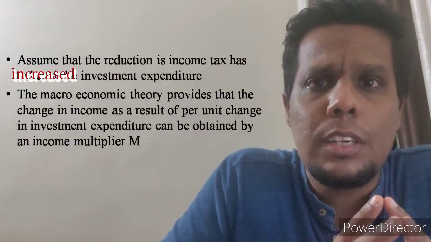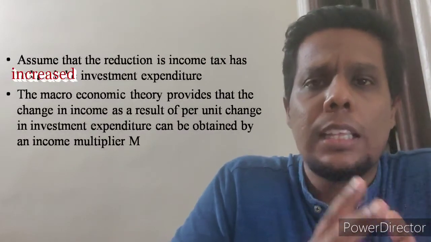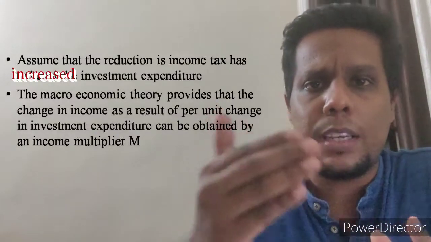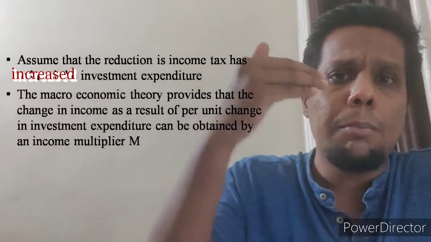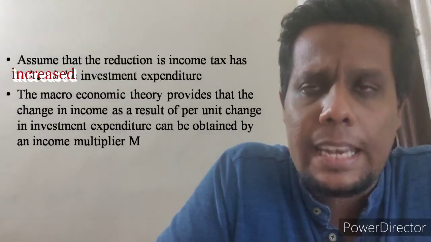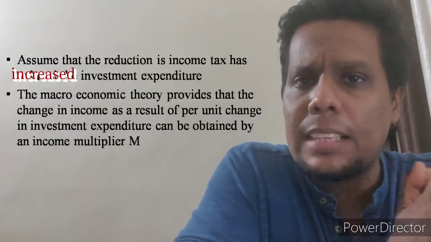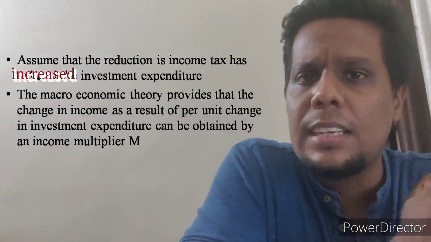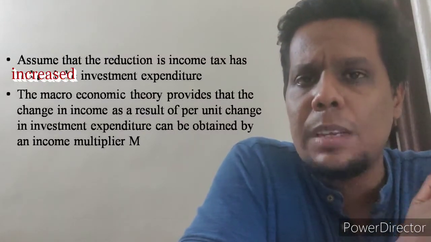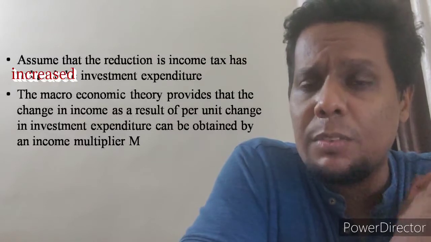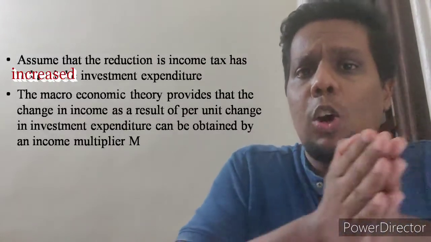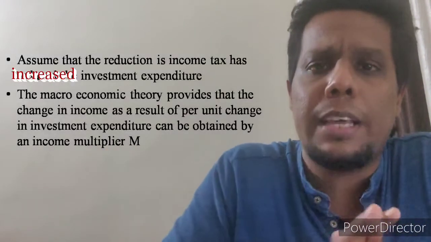Suppose as a result of the reduction in income tax, the investment expenditure has increased, and the macroeconomic theory provides that the change in income, per unit increase in investment expenditure, can be obtained with the help of an income multiplier.